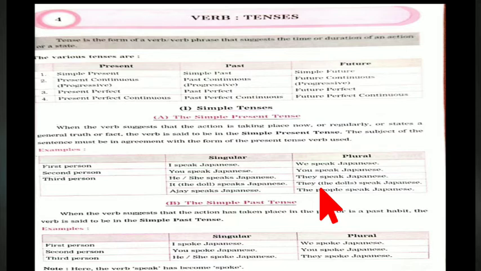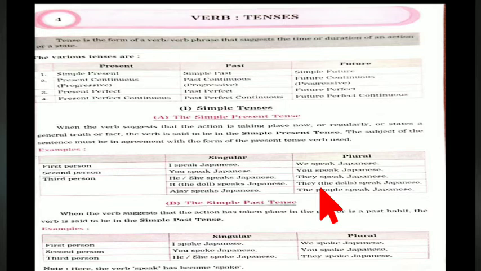The habitual action, for example, I go for a walk every morning. Here I, the first person. And the universal truth, the sun rises in the east. And in this way, whenever any habitual action is there, we use such form of simple present tense.